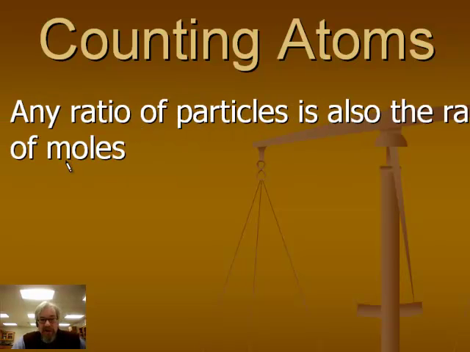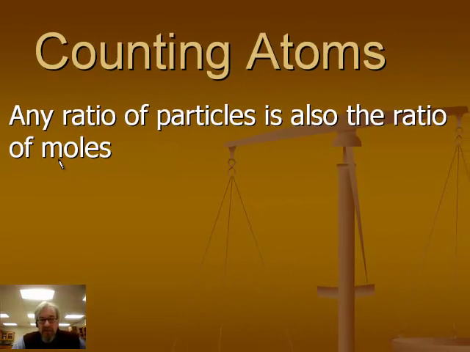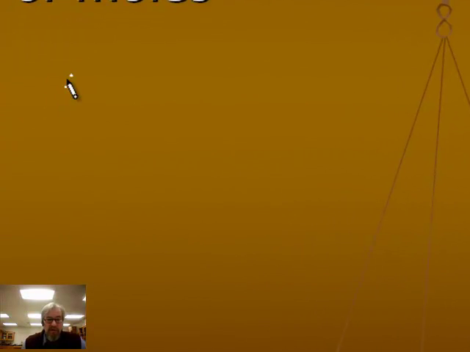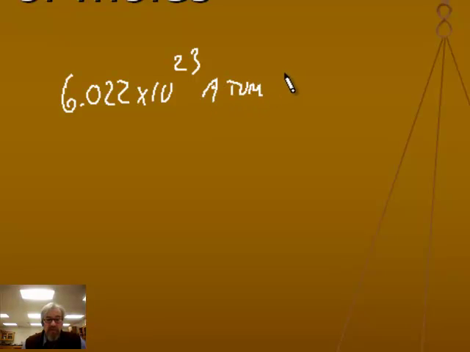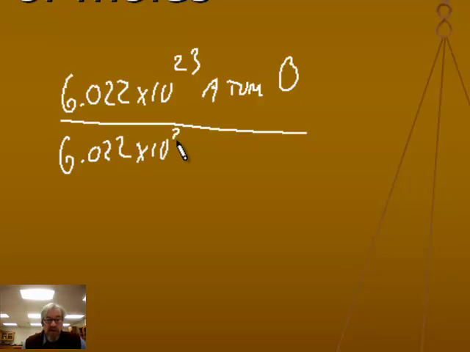Well, since a mole is a consistently sized number, those big ratios that we had, like 1,000,000 atoms to 2,000,000 atoms or something like that, will also apply to moles. So any ratio of particles is also the ratio of moles. So, for example, we could say for water, 6.022 times 10 to the 23rd atoms of O go with 6.022 times 10 to the 23rd molecules of water.